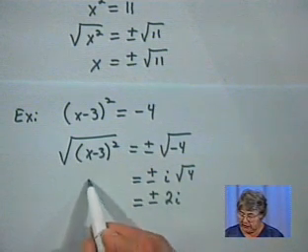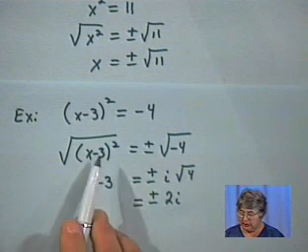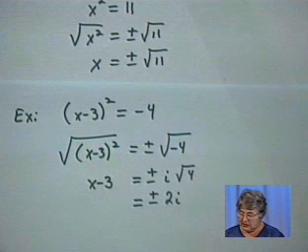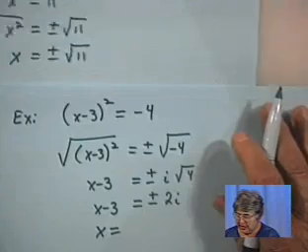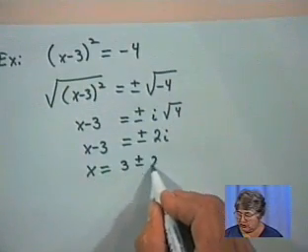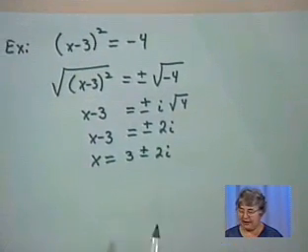On the left-hand side, we have x minus 3 when we take the square root of the perfect square. And so now it's just a matter of adding 3 to both sides. x then turns out to be 3 plus or minus 2i.